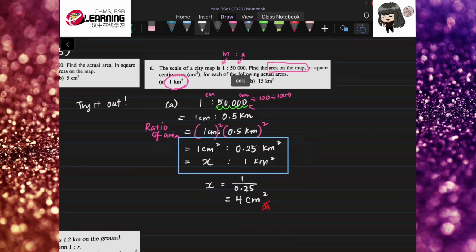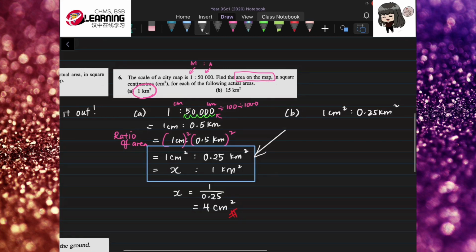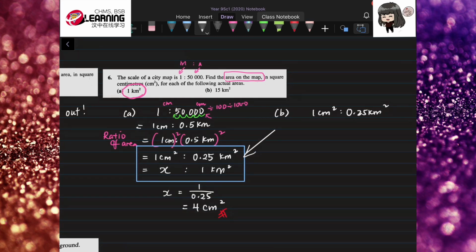Now part B. What if 15 kilometers square? We use back this ratio here. The ratio of the area is 1 centimeter square to 0.25 kilometers square, which we found just now. And find the map area if the actual is 15 kilometers square.